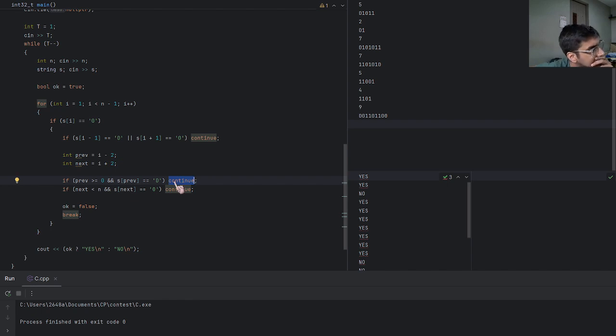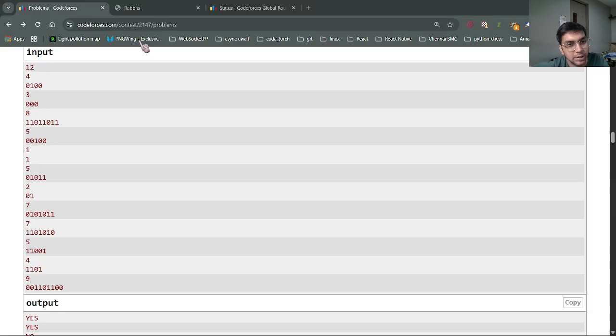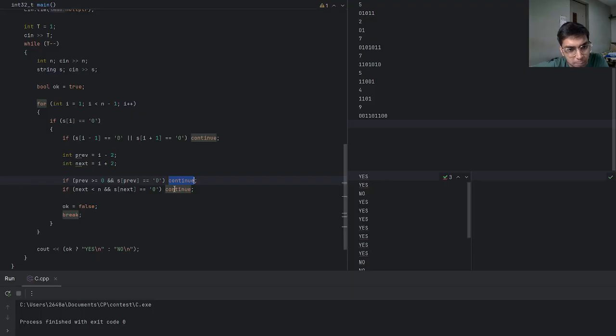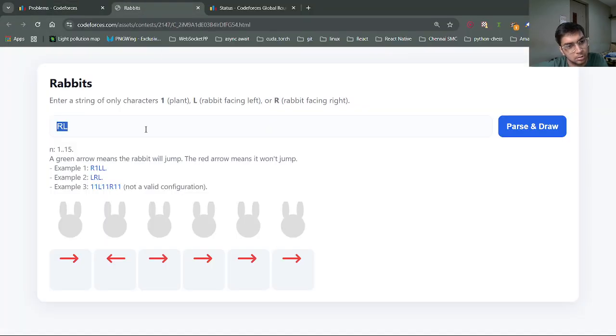Okay, but wait a minute. What if the case is something like, this particular rabbit is not planning to come here? What if that's the case? This particular rabbit that you are taking doesn't want to come there. Basically, something like this, maybe.